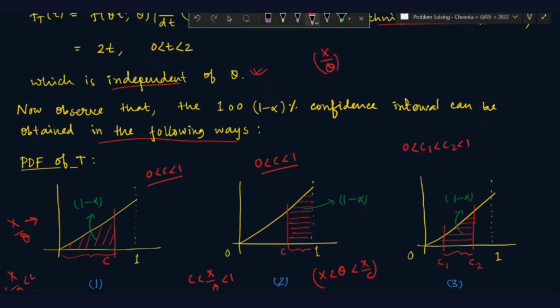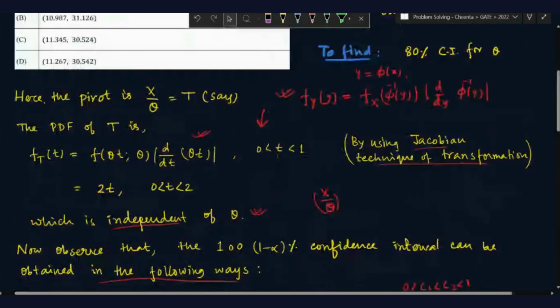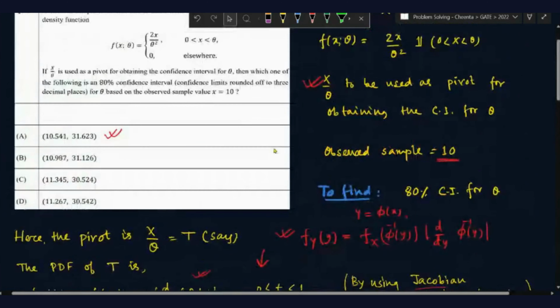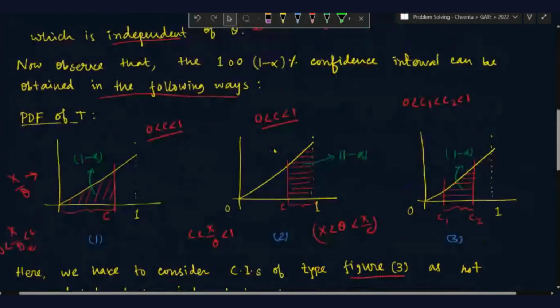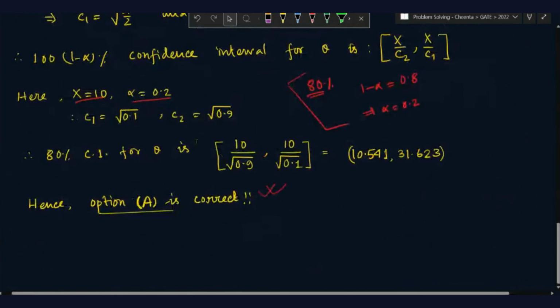And then finding the values of c, c1, c2, whichever you are using. So thus we can find the confidence interval for any parameter of any distribution.